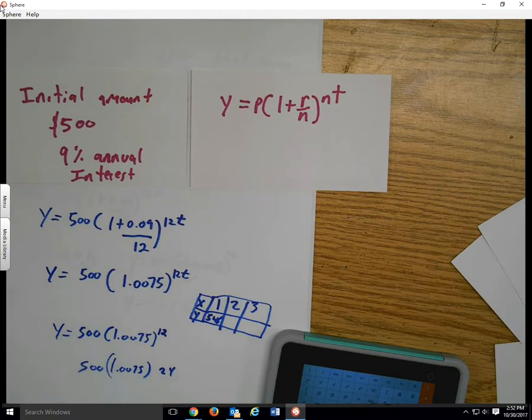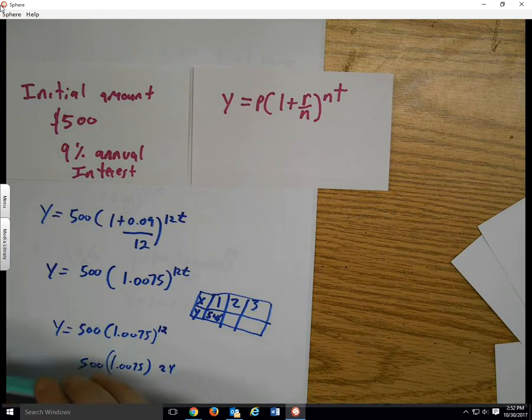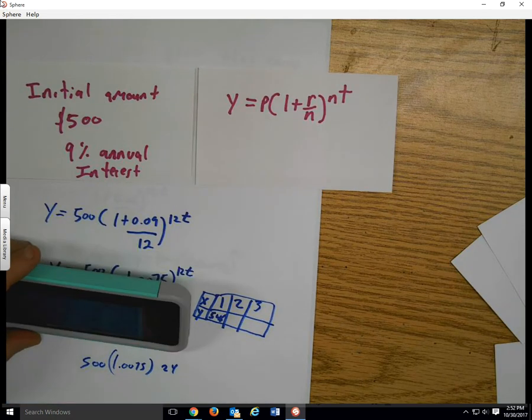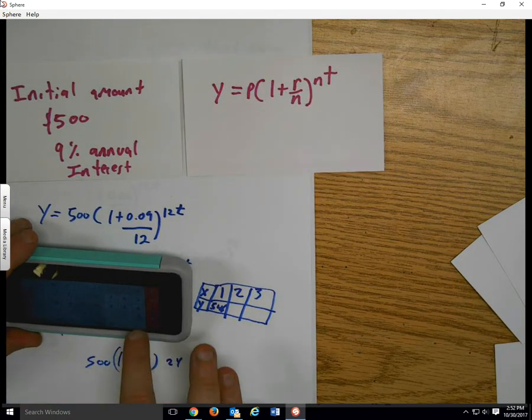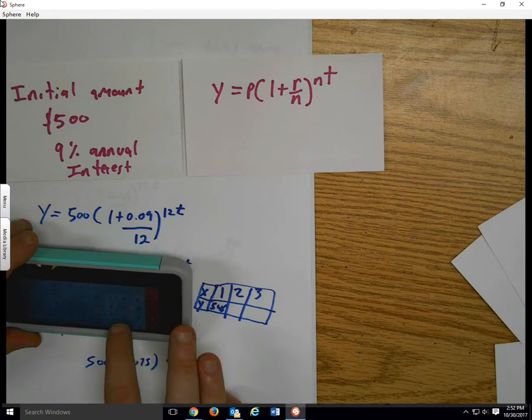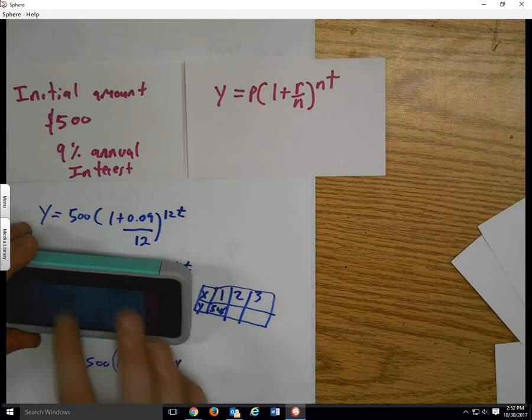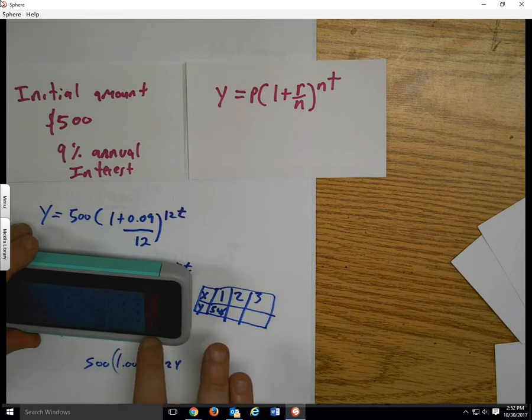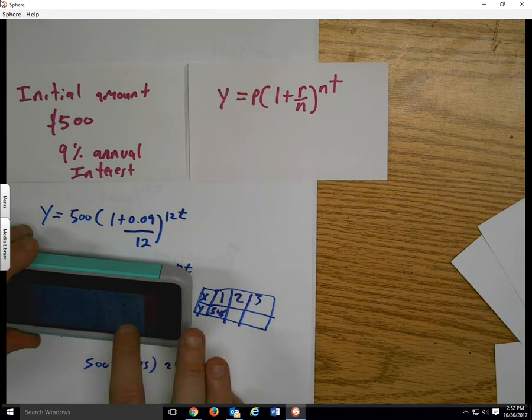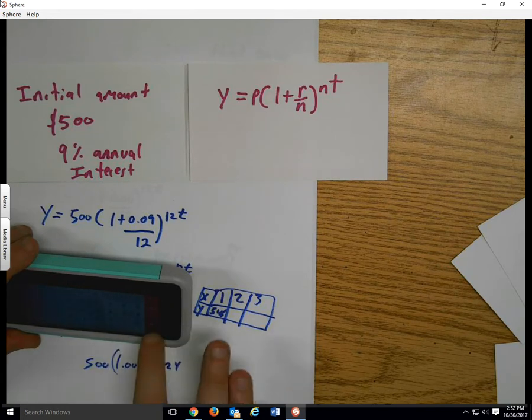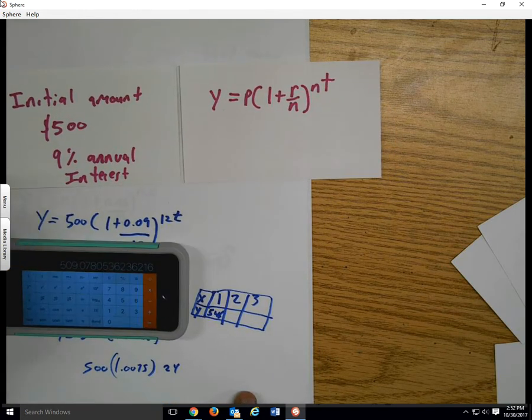That's the y, the total. I'll do this quickly. So we would have 1.0075 to the 24th power times 500, and then we have 509.